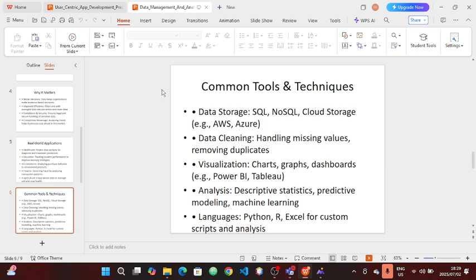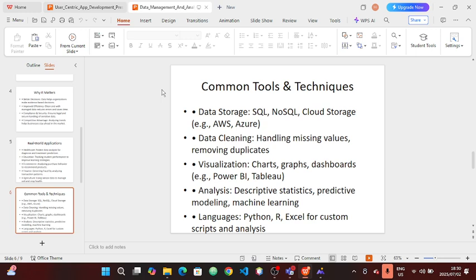So, common tools and techniques. Data storage: SQL, NoSQL, and cloud storage, for example AWS and Microsoft Azure. Data cleaning: handling missing values, removing duplicates.